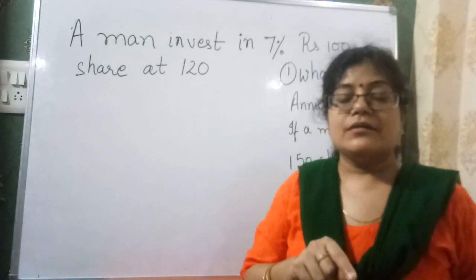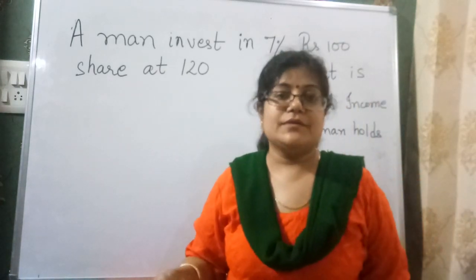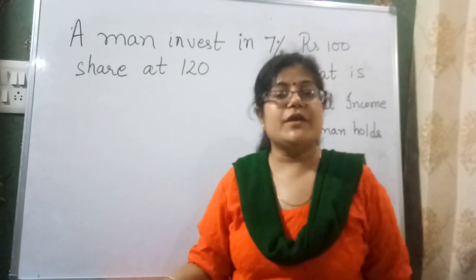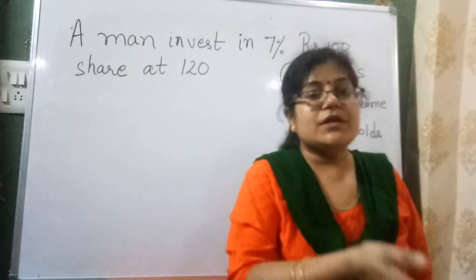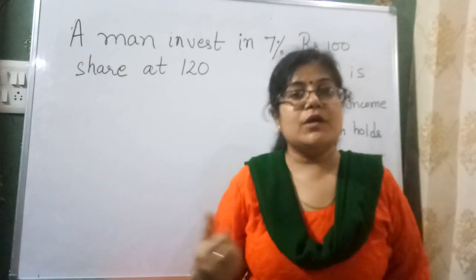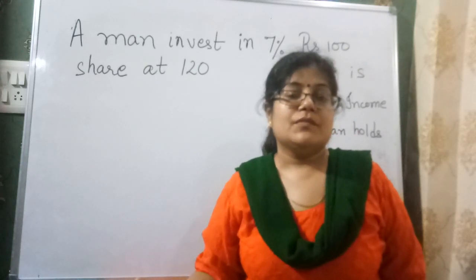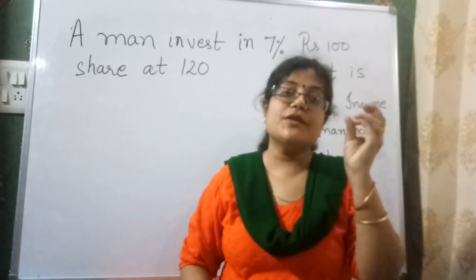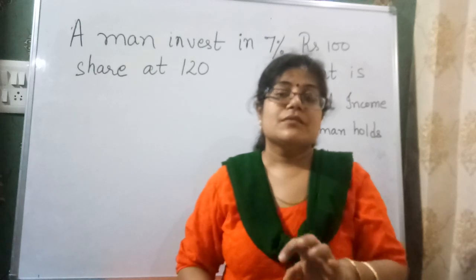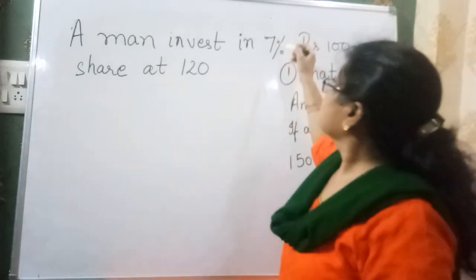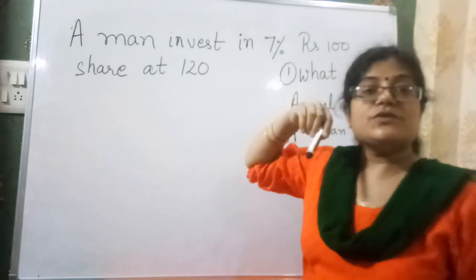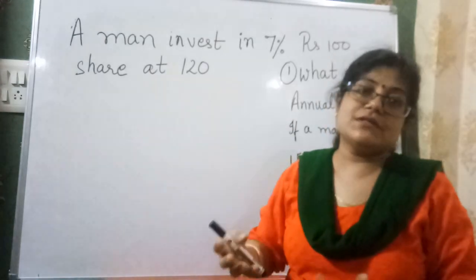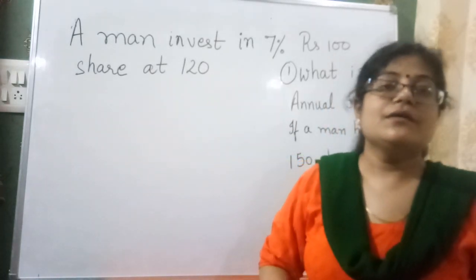Whenever a company announces shares in the market, then after some time the company gives some dividends according to the number of shares held by the shareholders, and the percentage at which the company gives dividend to the shareholders is known as this percent. In this way the shareholder also gets some income, because they are holding the shares of that particular company.